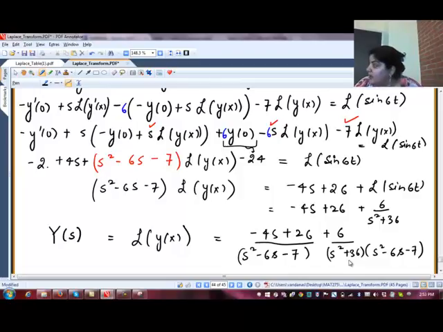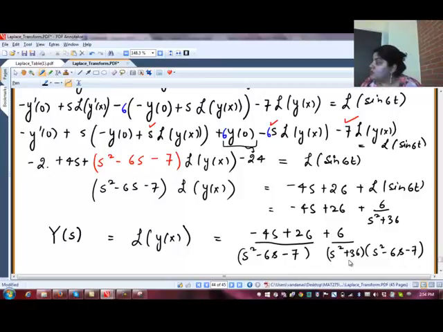To invert it back, to take the inverse Laplace transform on both sides, the key is that you have to get an expression in s, and then you have to see which function was giving that expression of s.